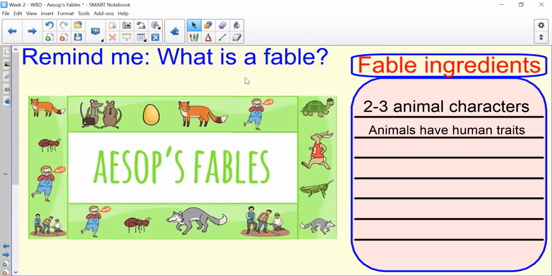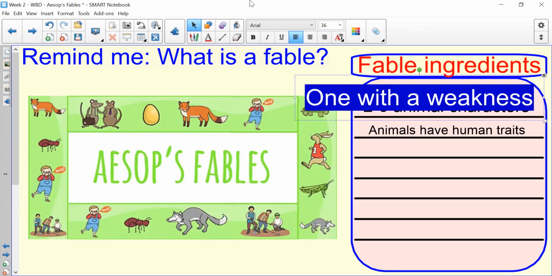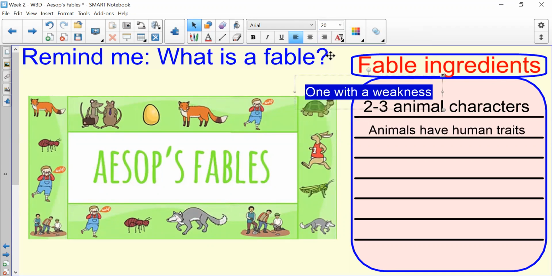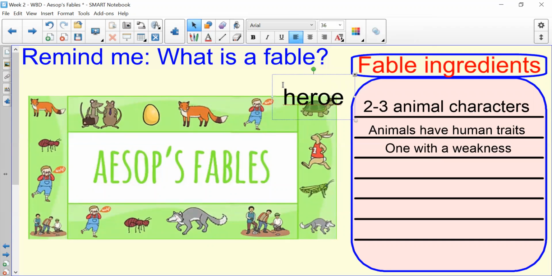With one of those animals, they often have a weakness, just like the hare and the tortoise, where the tortoise has the weakness of being slow. We also have a hero and a villain.